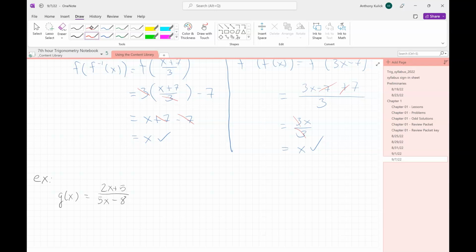Okay, so let's say we have this function, g of x equals (2x plus 5) divided by (5x minus 8). The first step, same as before, is to replace the function notation with a y equals.